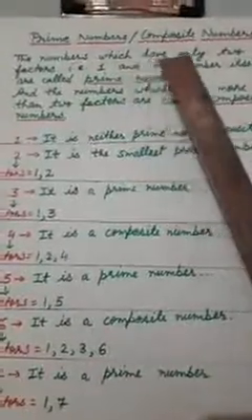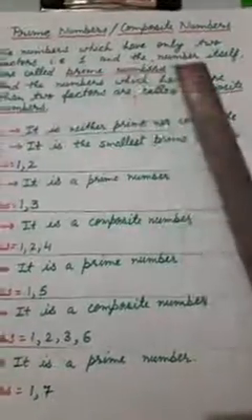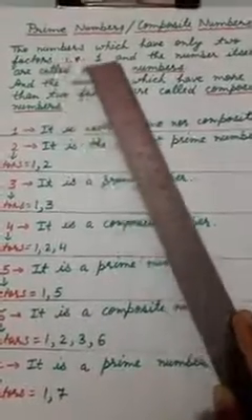Now we will discuss prime numbers and composite numbers. Next topic. I will tell you what prime numbers and composite numbers are. The definition is: the numbers which have only 2 factors, that is 1 and the number itself, are called prime numbers. You now know how to find the factors of any number.